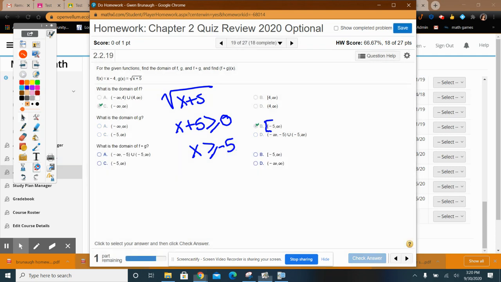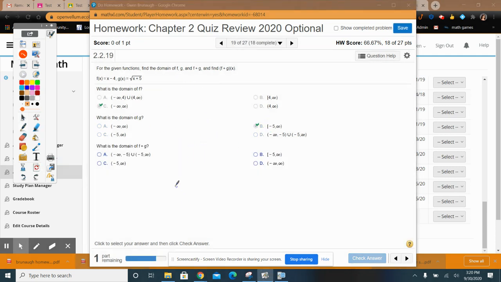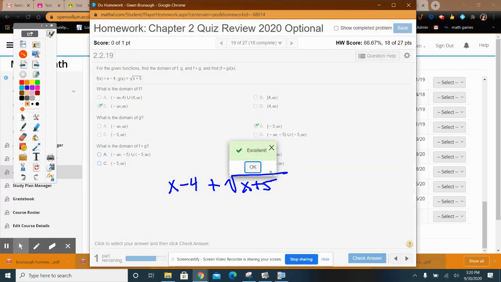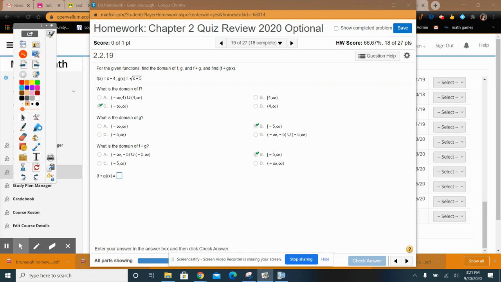Okay, and what if I add them? Well, go ahead and add them. If I add them, I get x minus 4 plus the square root of x plus 5. So this guy still shows up in the problem. So it's the same as that g. What is f plus g of x? I just erased it.